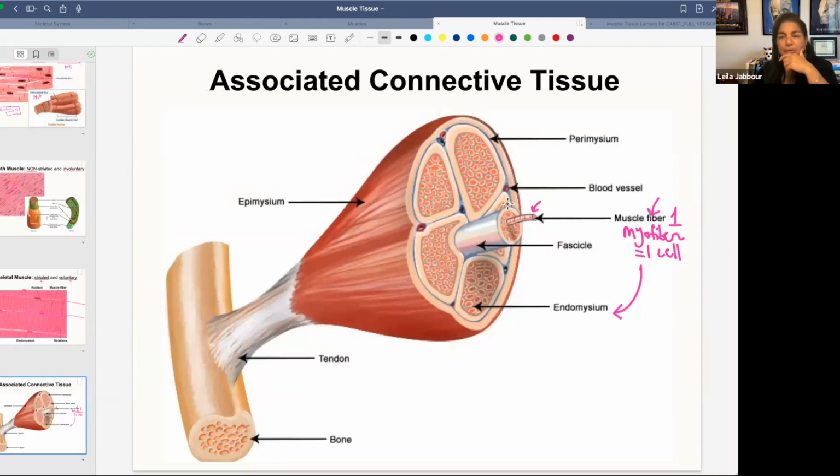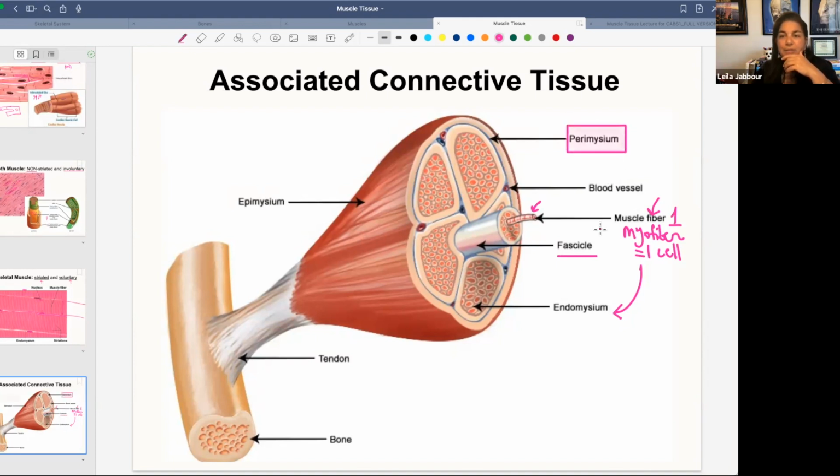And then the fibers are bundled into mini bundles within the entire muscle. And these bundles are called fascicles. So the bundling of the fascicles is made with perimysium.